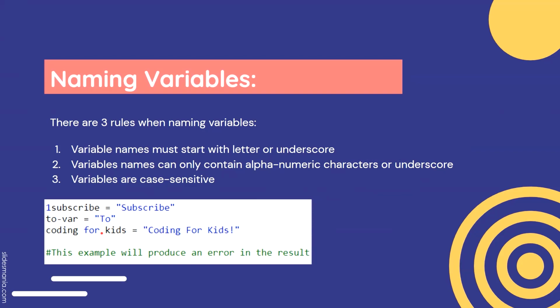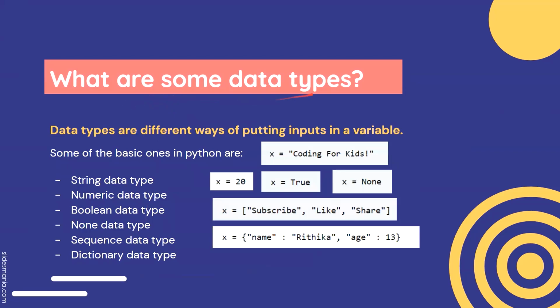But again, variables should be easy to recall and call throughout your program, so don't name your variable something really long; try to keep it pretty short. This example would produce an error in the result because none of these are right ways to name your variables.